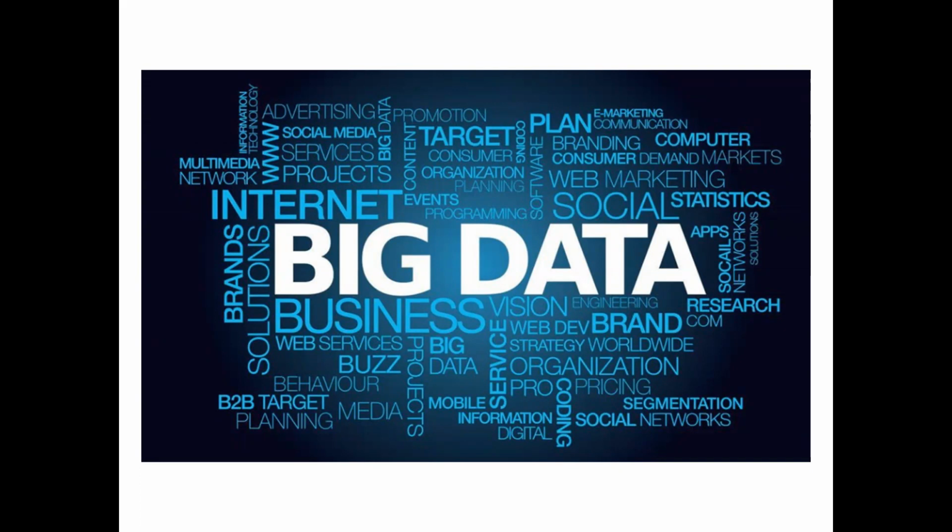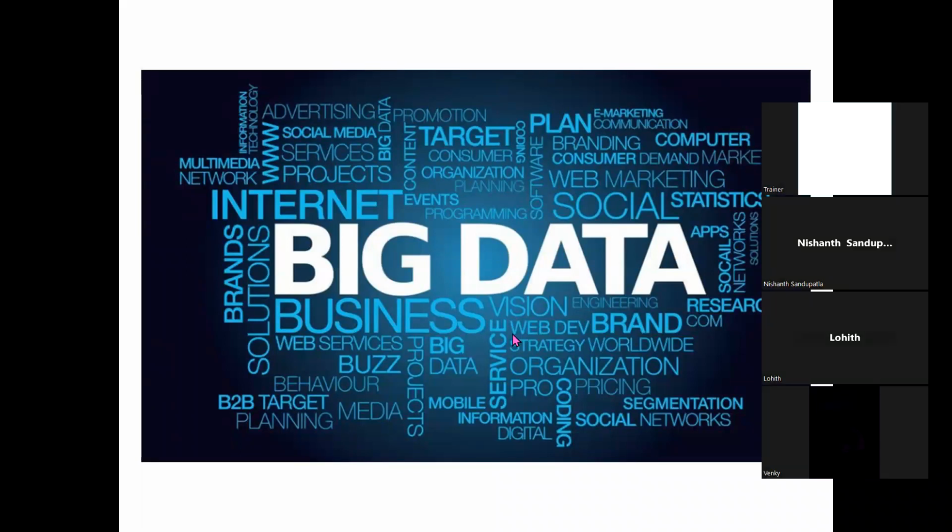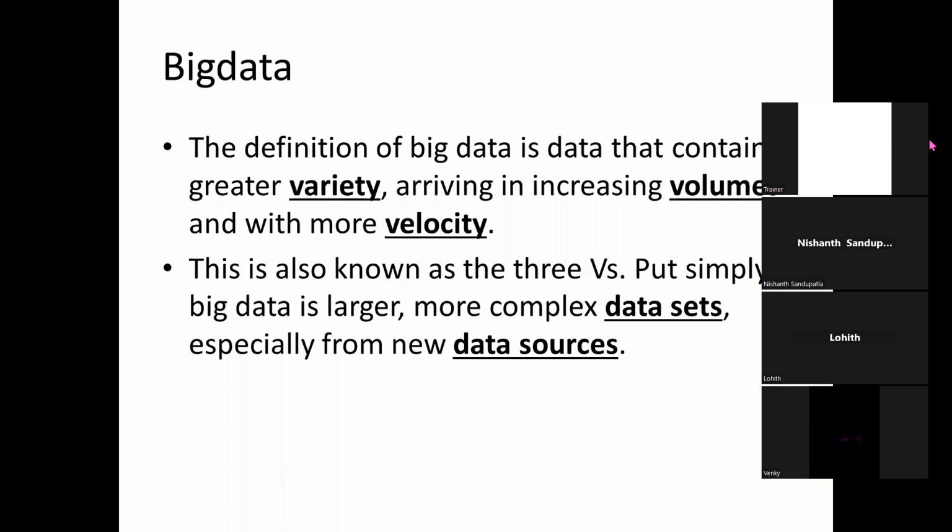And velocity is the speed of change, right? Today I got some data, and tomorrow some updates have come, and again some data is coming, and day after, and so on. With these characteristics, we call it big data.